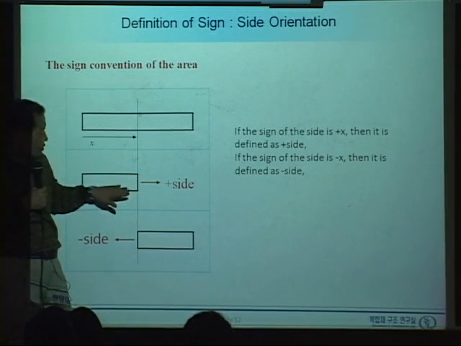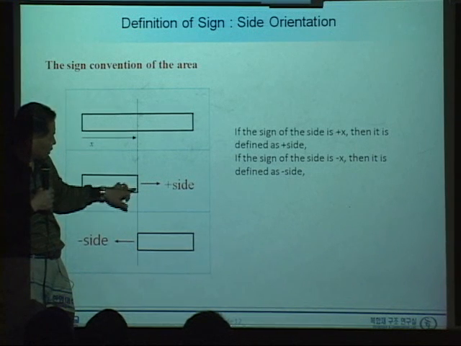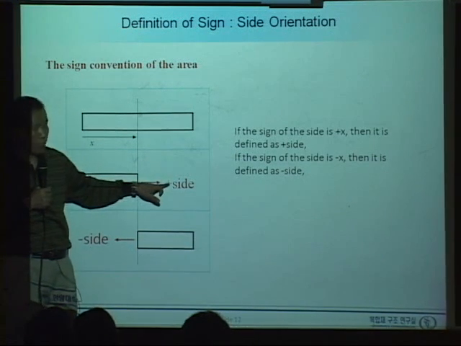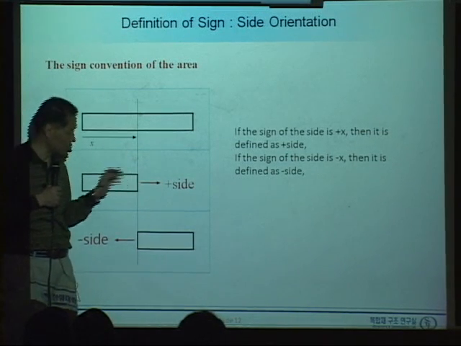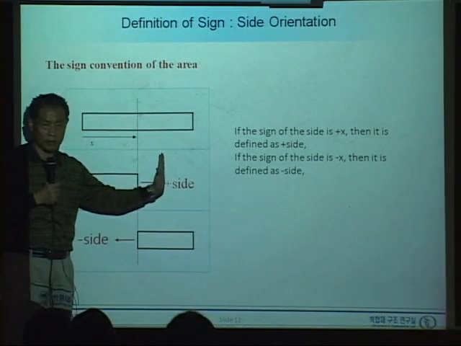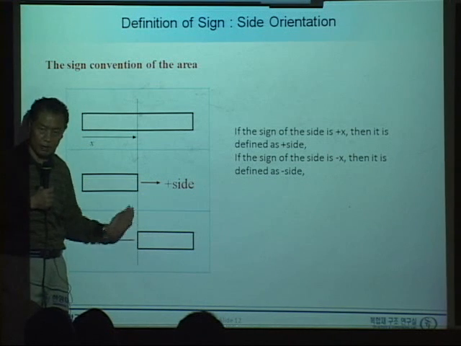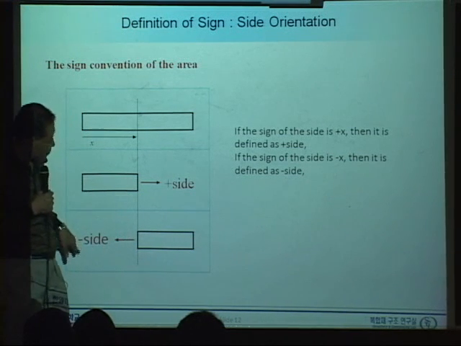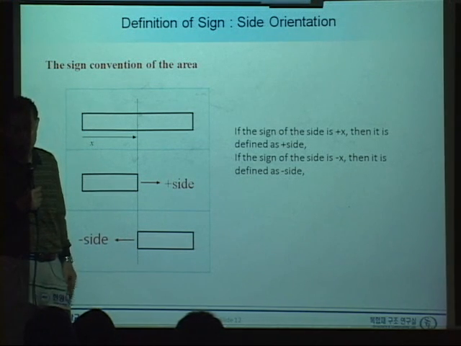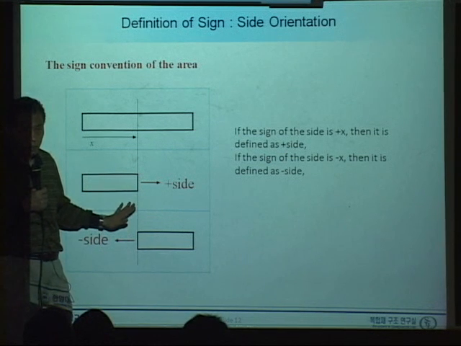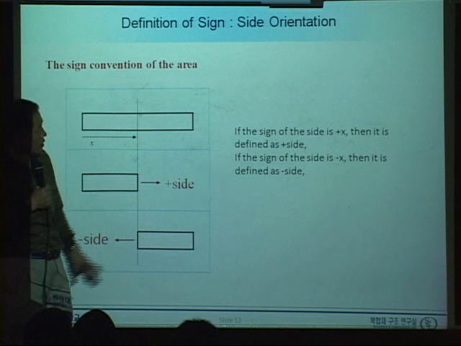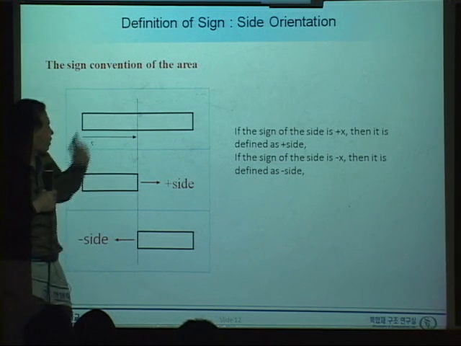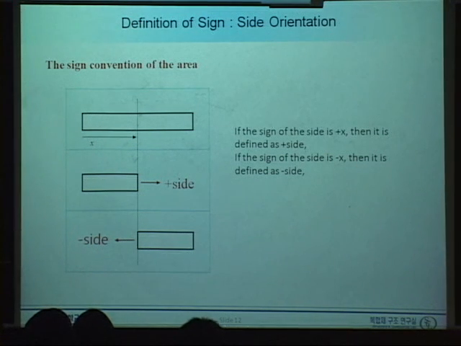So whenever we denote this area, we always say plus x, because it's looking at the plus x side. And this area is called minus x. Okay, this is the sign convention for the cross-sectional area. This is just to remind you.